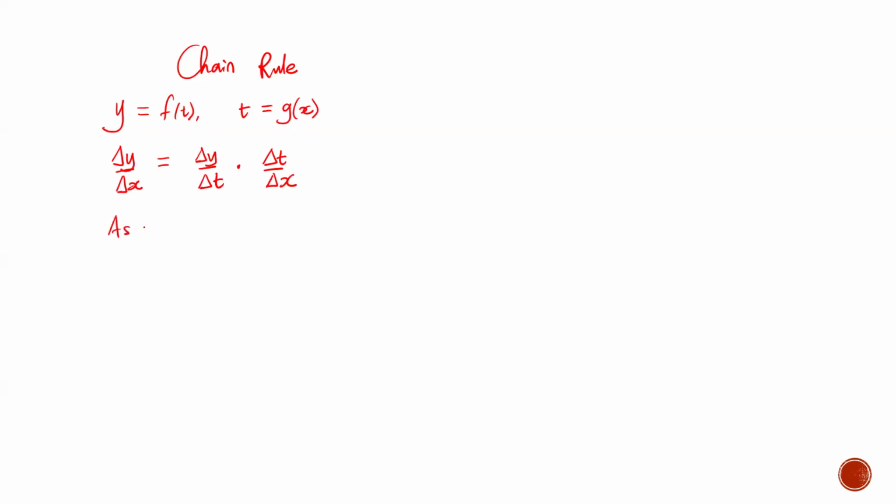But what do we know? We know that as delta x tends to 0 and delta t tends to 0 and delta y tends to 0, then delta y out of delta x will tend to dy/dx. Delta y out of delta t will tend to dy/dt.